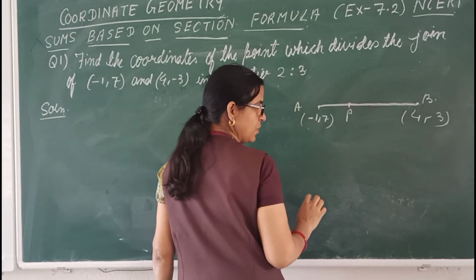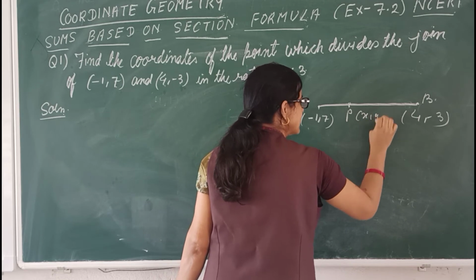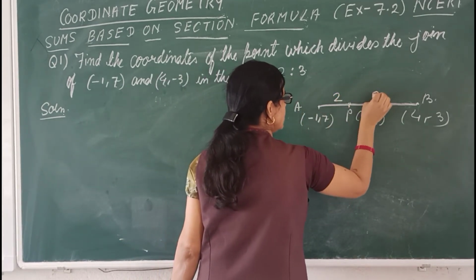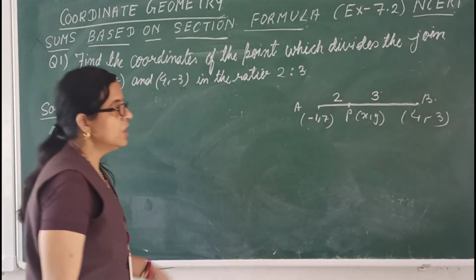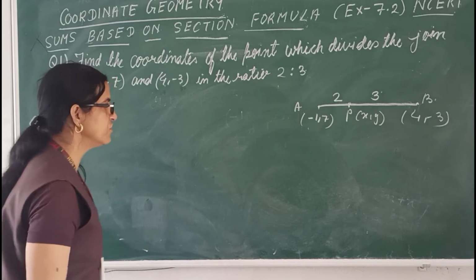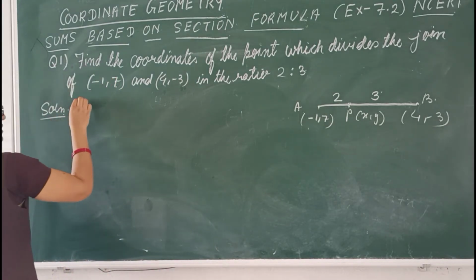Suppose this point is P and let its coordinates be (x, y), then this ratio is 2 and this ratio is 3. We have to get the value of x and y. So it is a direct utilization of the section formula. So let us start the solution.